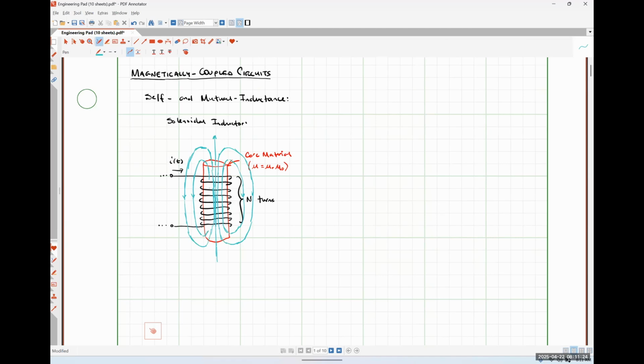And I'm going to call these my B field. And I'm going to have some time varying magnetic flux density, B of t, because my current is varying in time.